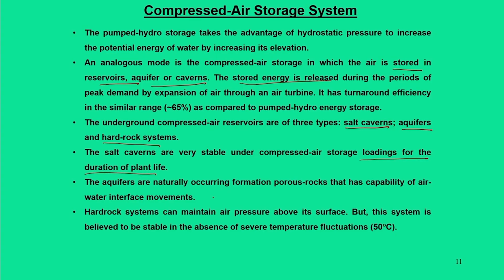Aquifers are naturally occurring formations of porous rocks that have the capability of air-water interface movements, so that pressure difference can be utilized as storage. Hard rock systems maintain air pressure above the surface, but the main difference is that this system is not stable when we have large temperature fluctuations.